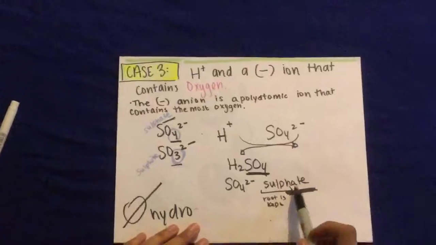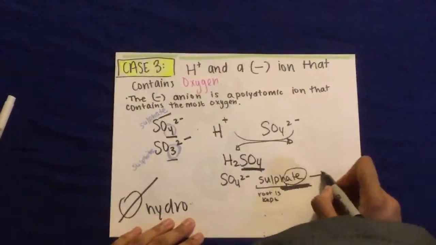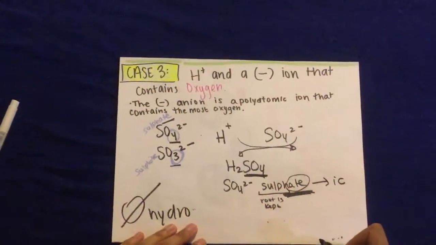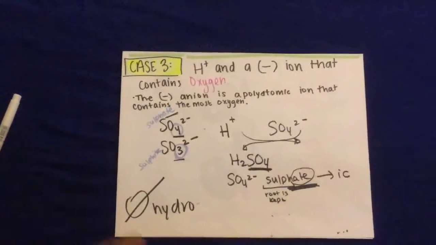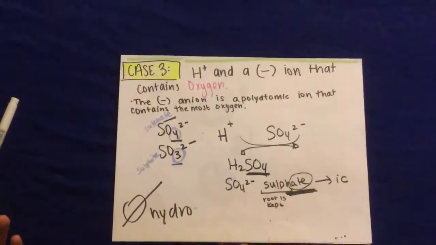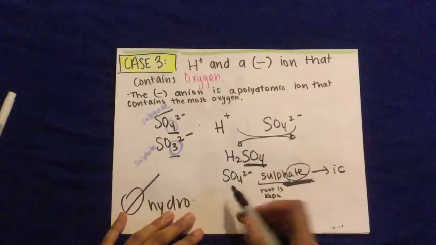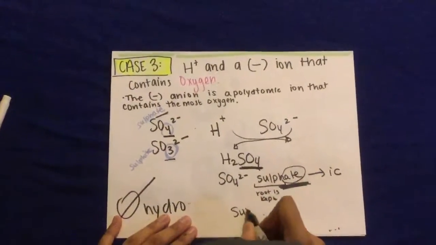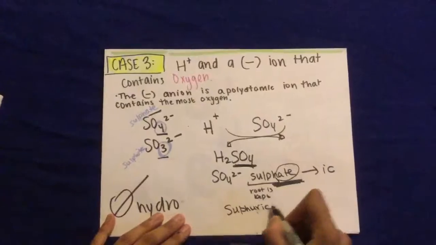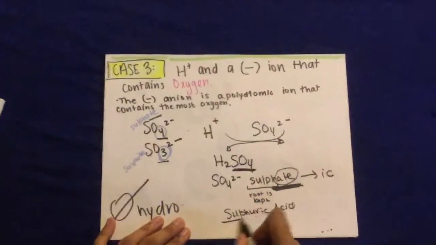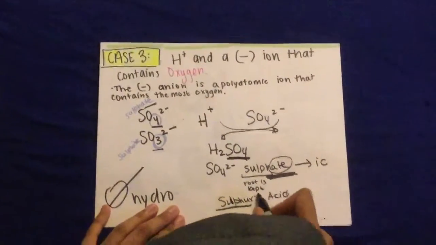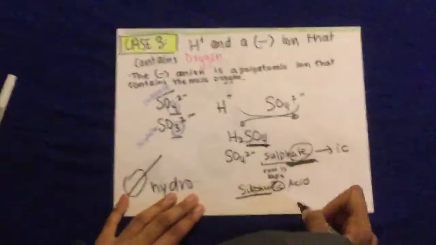We keep the root and we change the ATE to IC. And I'll tell you a way to remember this that you might find funny or stupid, but it helped me a lot. So this acid would be called sulfuric acid, where we kept the root. We just added IC at the end.